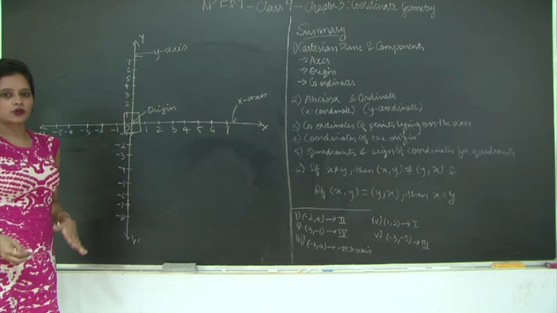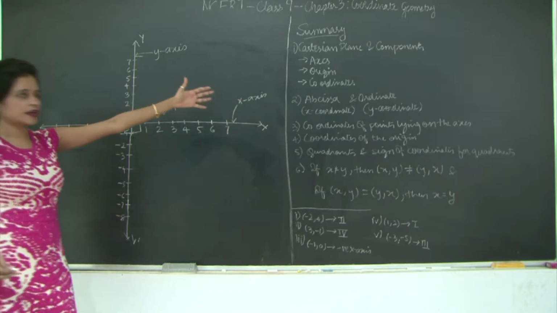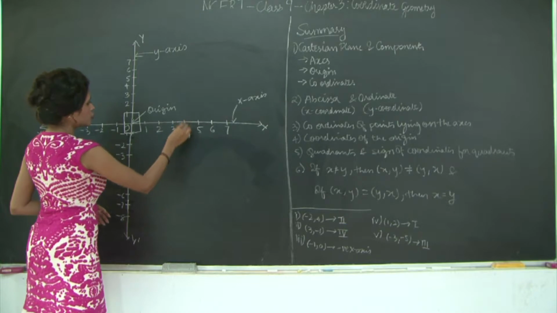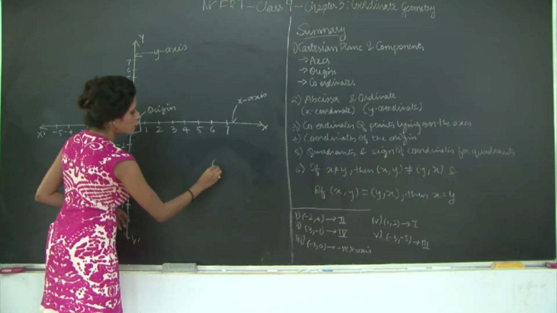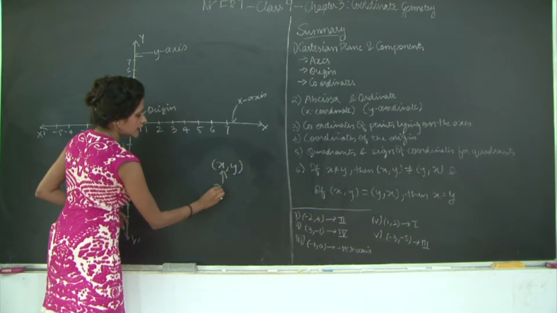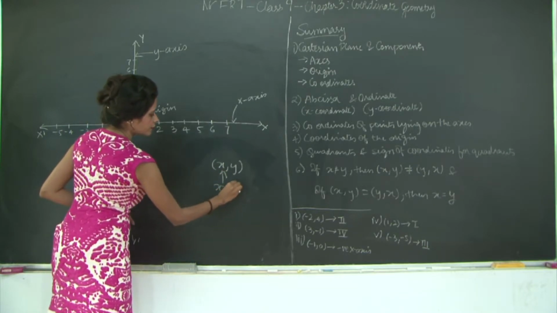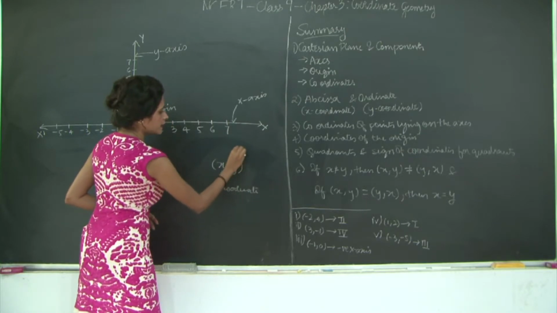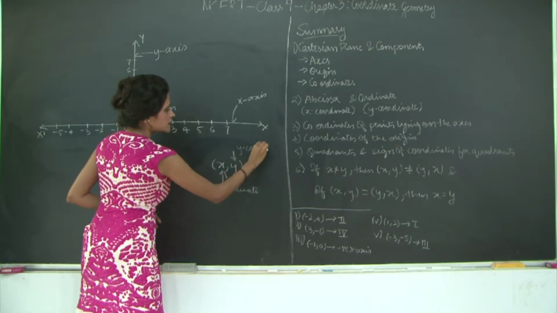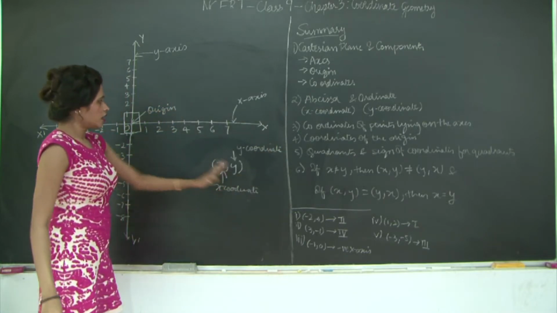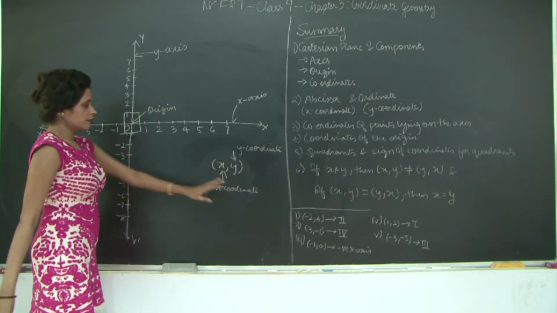Now any point that you would like to represent in your Cartesian plane would be represented like this. First of all it is in the form of x comma y, where x is called the x coordinate and y is known as the y coordinate, which is nothing but a representation of a point by its parameters.